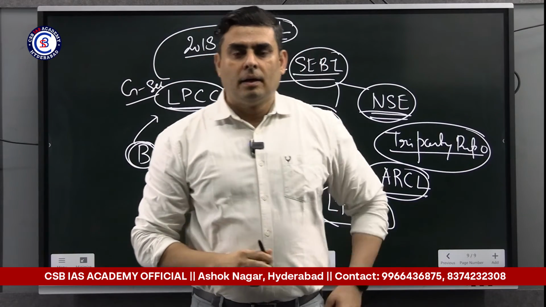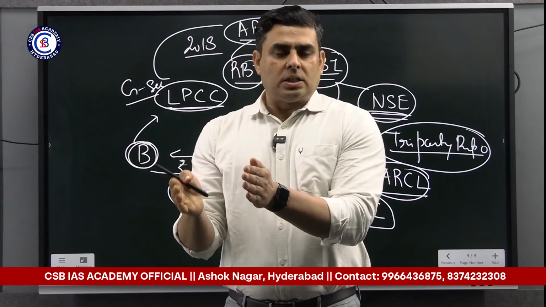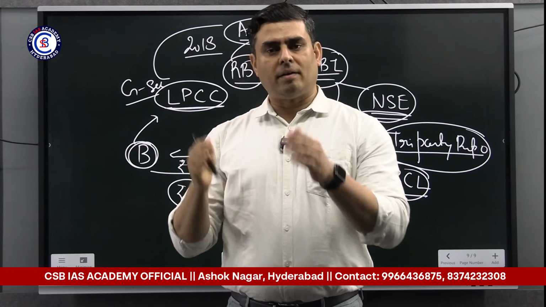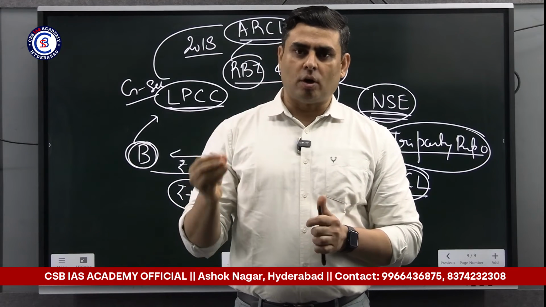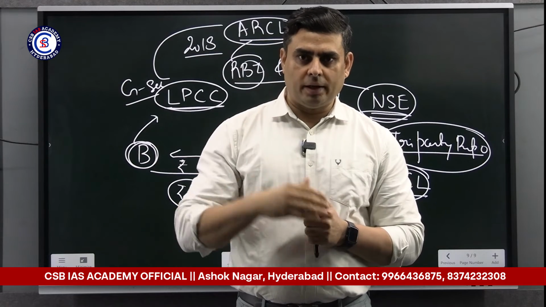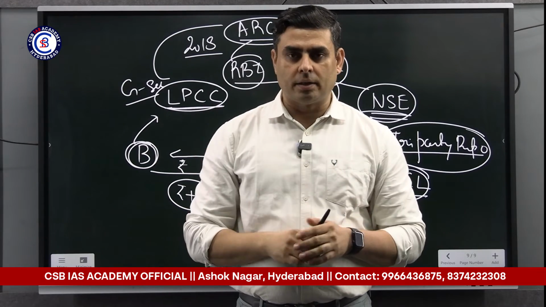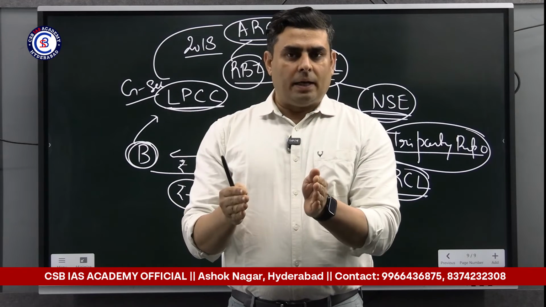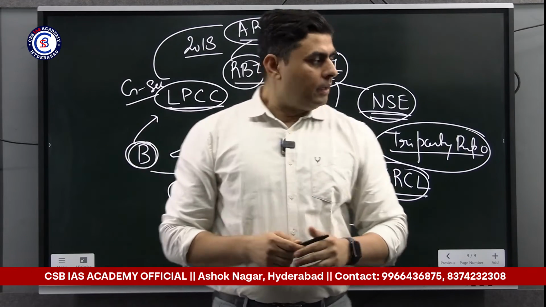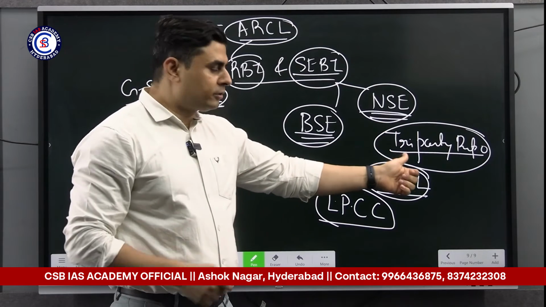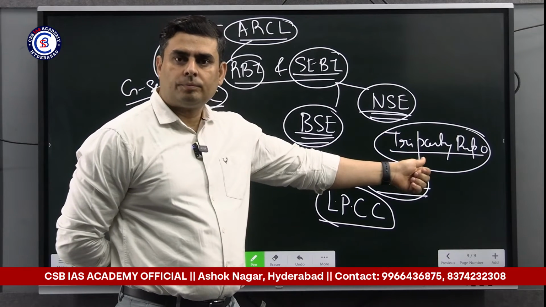So Bombay Stock Exchange and National Stock Exchange are the stock exchanges which allow and facilitate trading of stocks and bonds, equities and shares. Under the discussion between RBI and SEBI, first of all, SEBI allowed these two organizations to participate in tri-party repo.